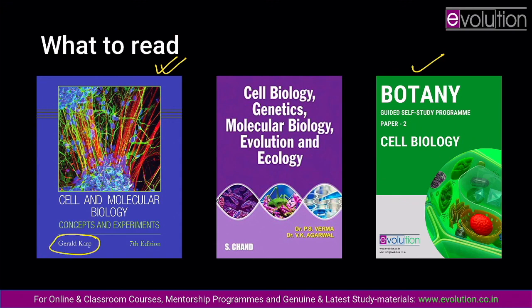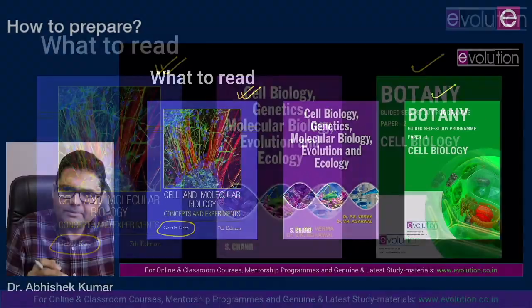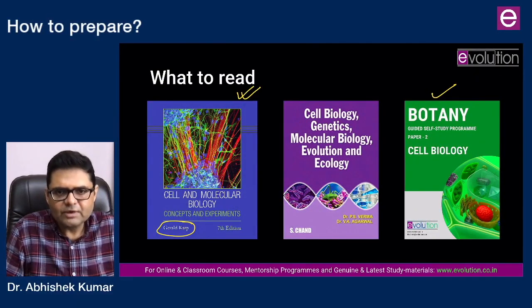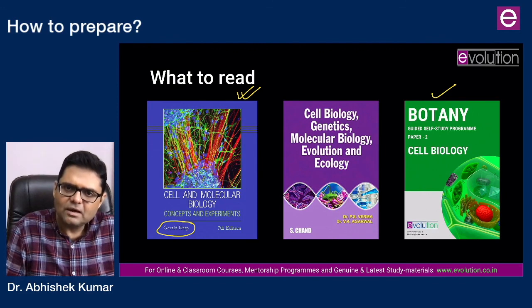It is a very simply written book, but at the same time, information wise, it is very, very rich. Even in my own book on cell bio that you see on the right extremity, I have taken a lot of content from Karp and other books, of course, like Lodish, Alberts, Cooper, and so on.